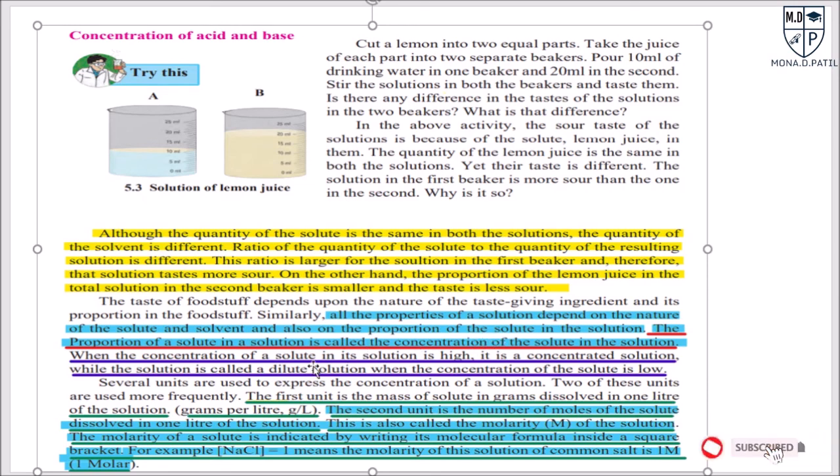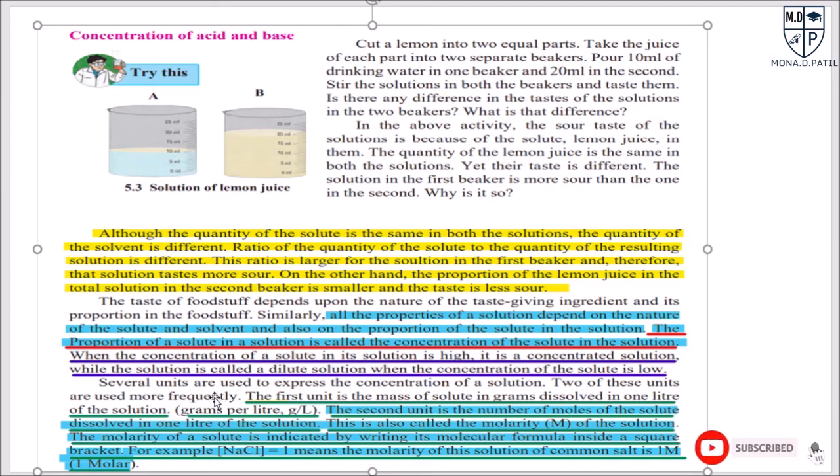The proportion of solute in a solution is called the concentration of the solute in the solution. When the concentration of solute is high, it is a concentrated solution, while the solution is called a dilute solution when the concentration of the solute is low, and that can be made by adding water. By adding more and more water to a solution, we can make a dilute solution of the particular solute.